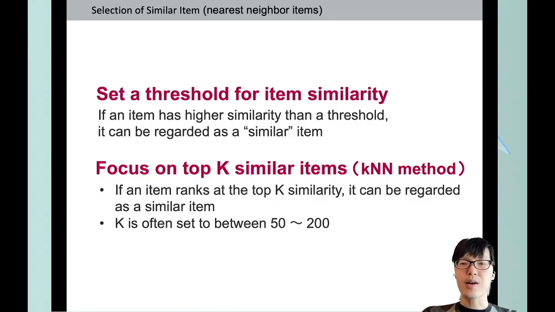If an item has higher similarity than a threshold, we regard the item as a similar item. The other method is to focus on the top k similar items. If an item ranks at the top k similarity, we regard it as a similar item. Typically, k is often set to between 50 and 200.